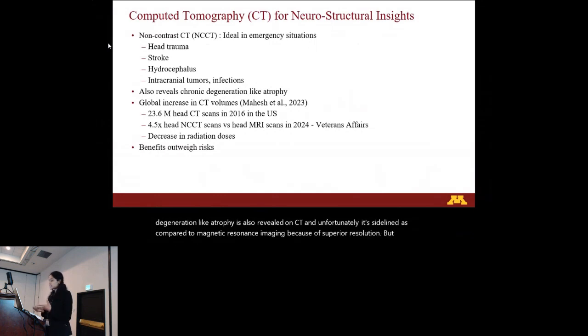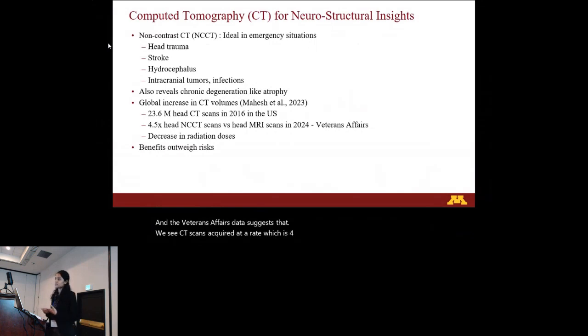But what's interesting is that there's a global increase in the number of CT scans that are acquired. In the US, for instance, in 2016 alone, there were 23.6 million head CT scans that were acquired. And the Veterans Affairs data suggests that we see CT scans acquired at a rate which is 4.5 times that of head MRI scans.